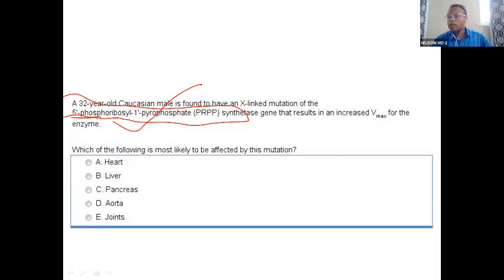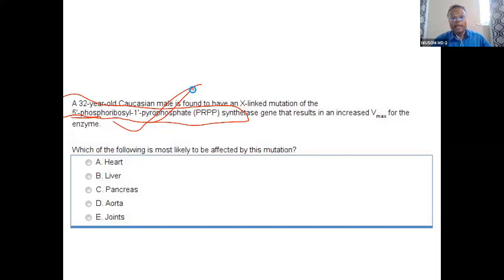So I wanted you to memorize these two enzymes. If I give you a question related to amidotransferase, I replace this with amidotransferase and say Vmax is very high and the enzyme somehow becomes very, very active. What disorder will you get? Same thing, isn't that right?